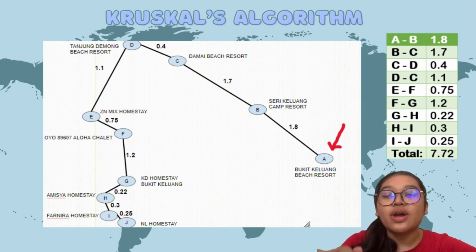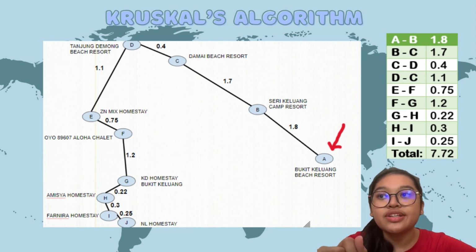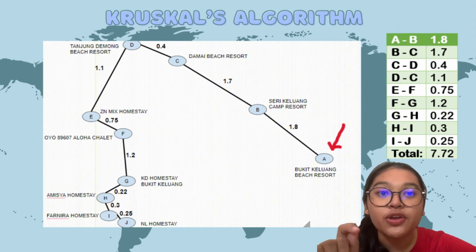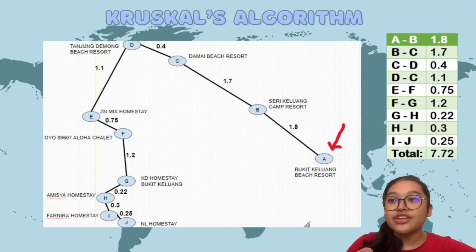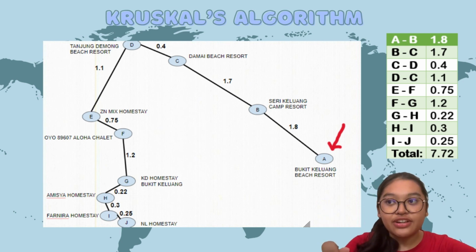Next, E to F is 0.75 and then F to G is 1.2. G to H is 0.22. After that, H to I is 0.3 and lastly I to J is 0.25. In addition, we total all the edges, which adds up to 7.72.